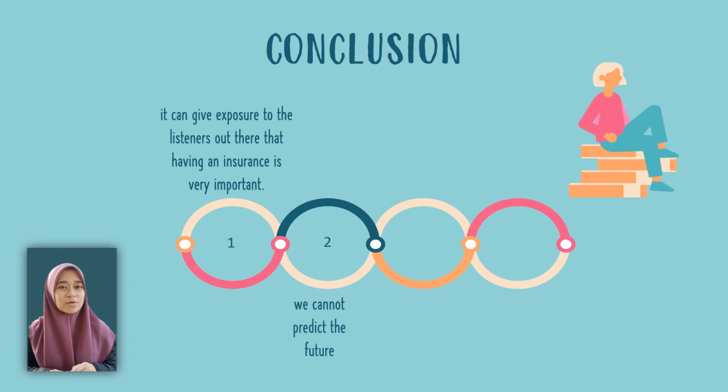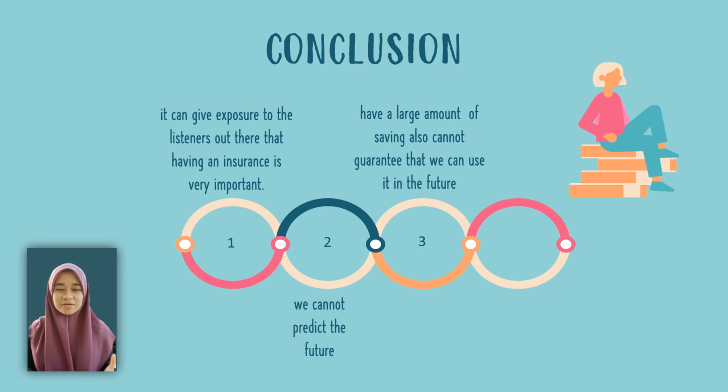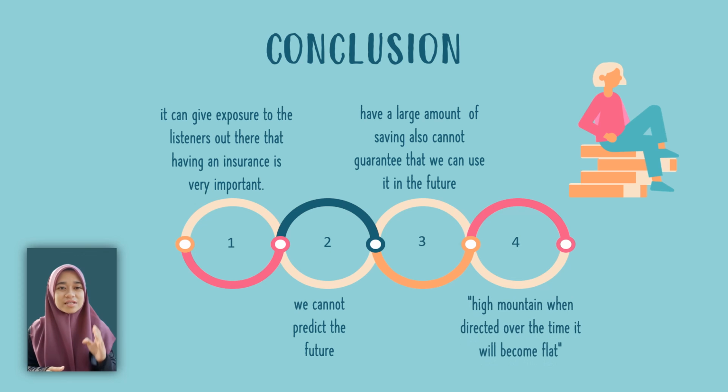If today we have a large amount of savings, it cannot guarantee that we can use that money if we are diagnosed with a chronic illness one day. This situation can be likened to a high mountain. When dug over time, it will become flat. In conclusion, it comes down to the consciousness of the person in planning and making preparation for the future.